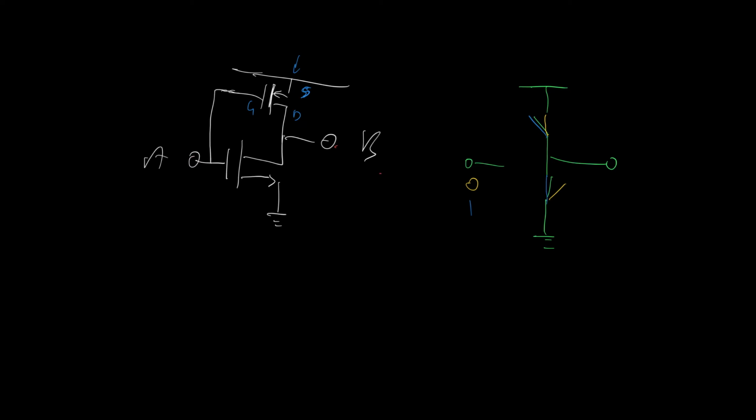So 0 in, 5 volts coming out, for example. Conversely, if the input A is at 5 volts, and this is 5 volts, then we've got a 0 voltage drop across our P-channel FET, so it does not conduct. It's an open switch. And if we've got 5 volts here and 0 here, we've got 5 volts across this N-channel FET from gate to source. It will conduct strongly, and that connects B to ground.